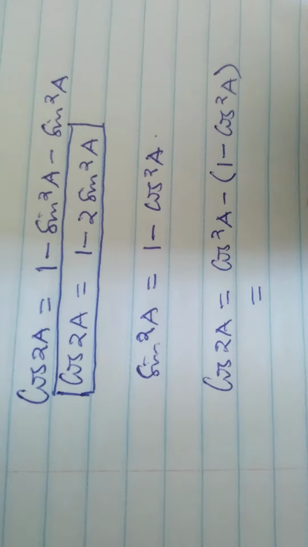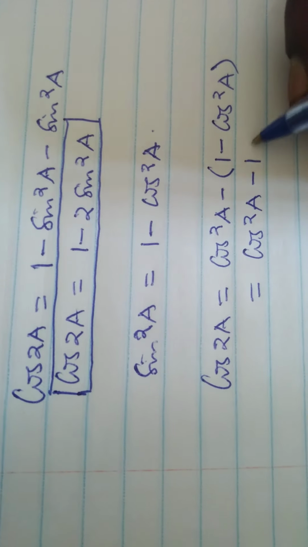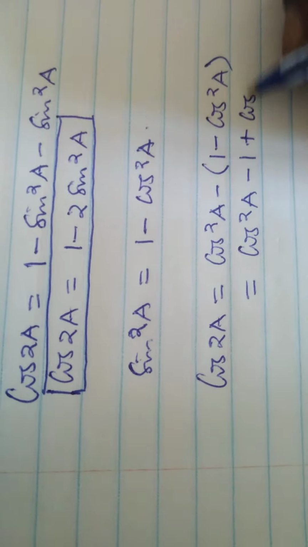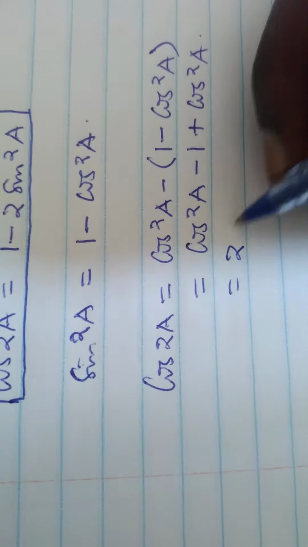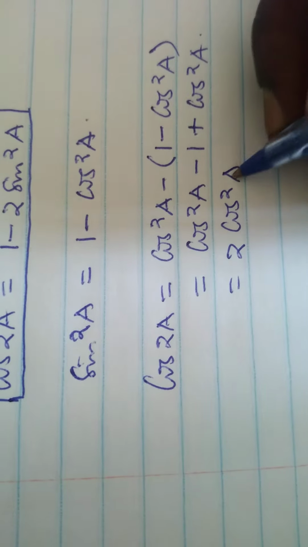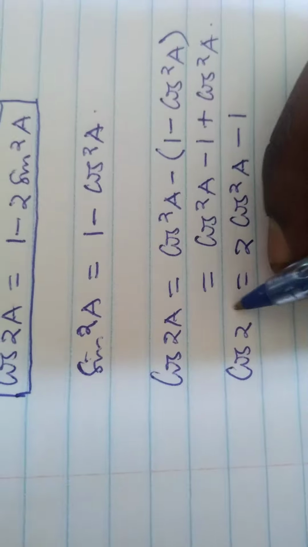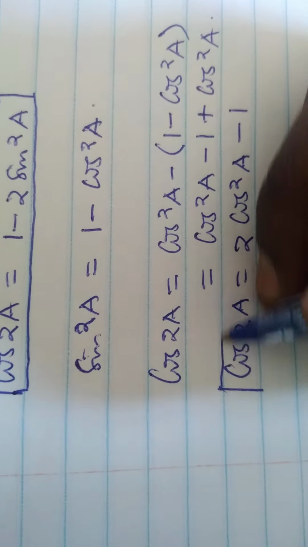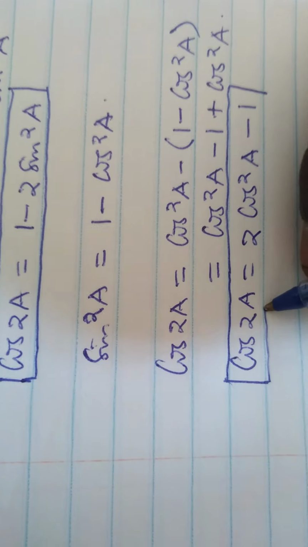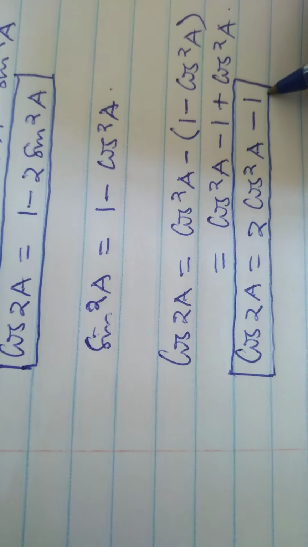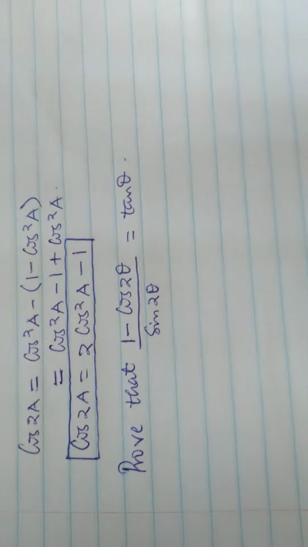Which will give us cos squared of a minus 1 plus cos squared of a. So this will give us 2 cos squared of a minus 1. So our cos 2a will be equal to that. So this is another form in which cos 2a can be expressed. So we are having that.